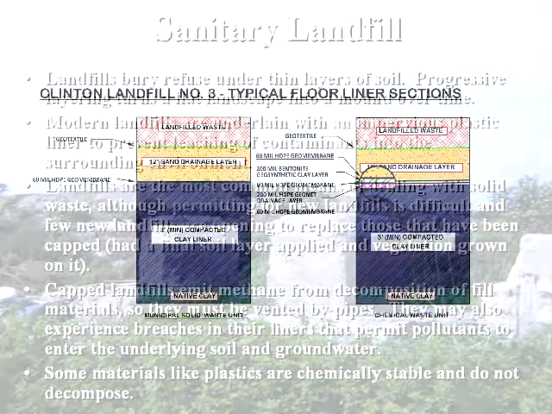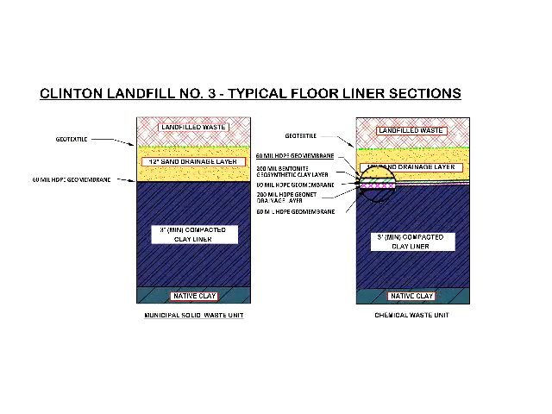Here is another government-generated graphic that illustrates how a modern landfill is configured. Notice that there's a preference for siting these landfills in an area that is underlain with clay, because clay is very impervious. And then over that, another layer of clay can be placed and compacted to make it still more impervious.